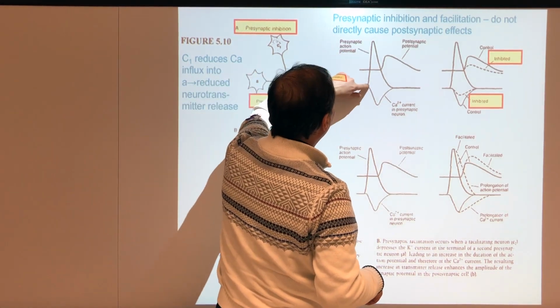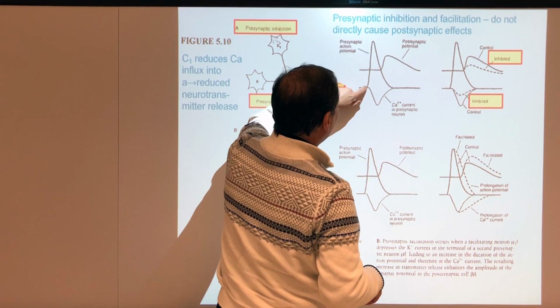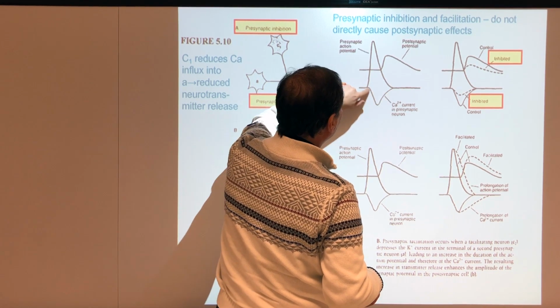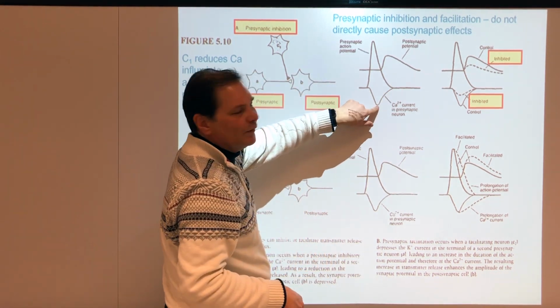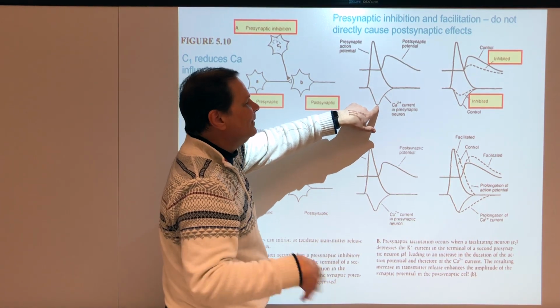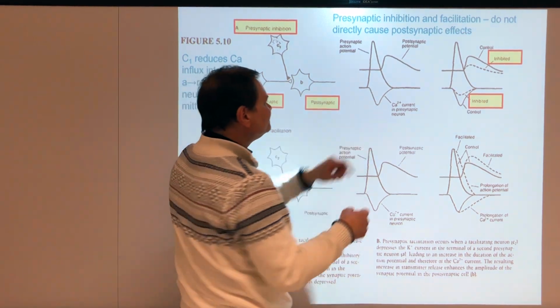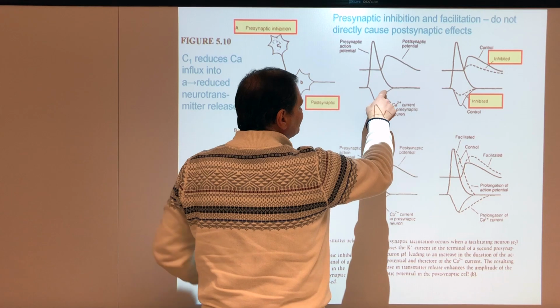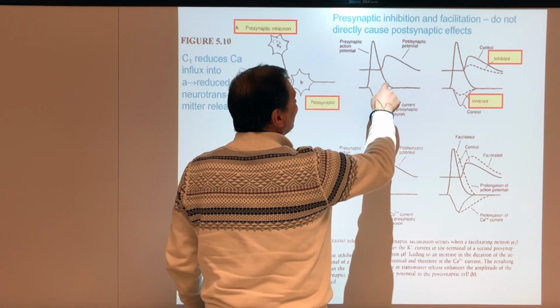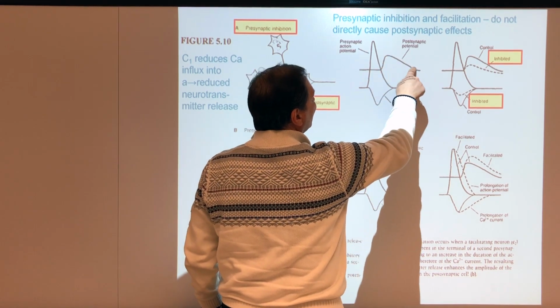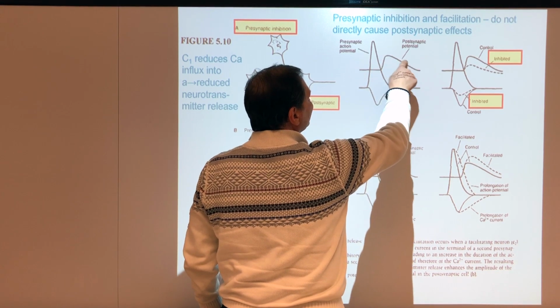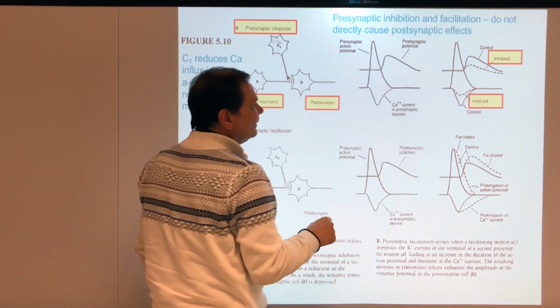This is the presynaptic membrane and the action potential in that, and this is the calcium influx. Now note this is a downward deflection because it's considered to be an inward current. Calcium coming in. The calcium coming in causes neurotransmitter release, which causes an increase in the voltage in the postsynaptic membrane here.